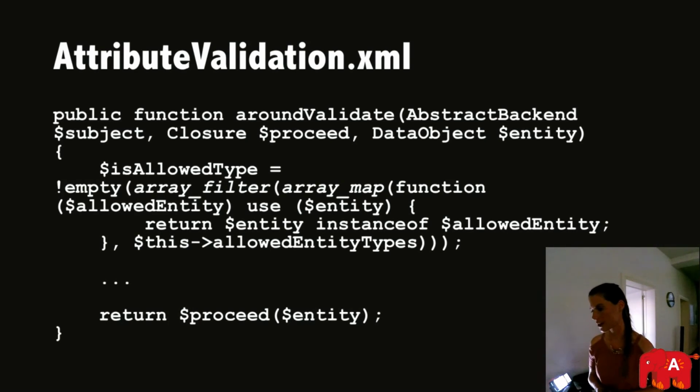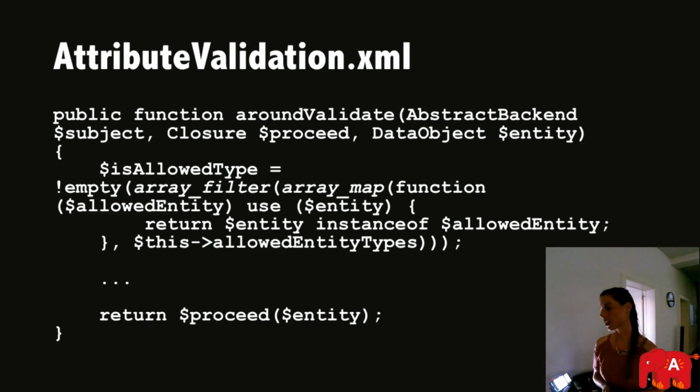In this class, you'll have a public function starting with one of the prefixes before, after, or around. And then the next thing should be the name of the method you're trying to interact with. So here we have an around plugin that's for the validate function.